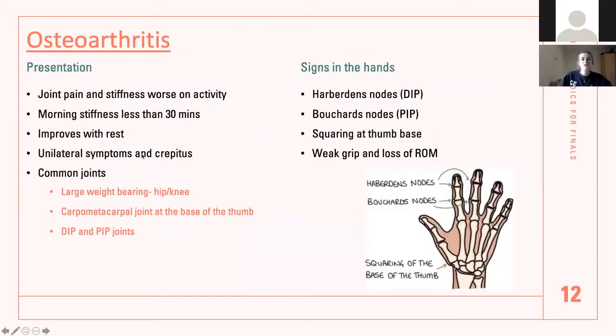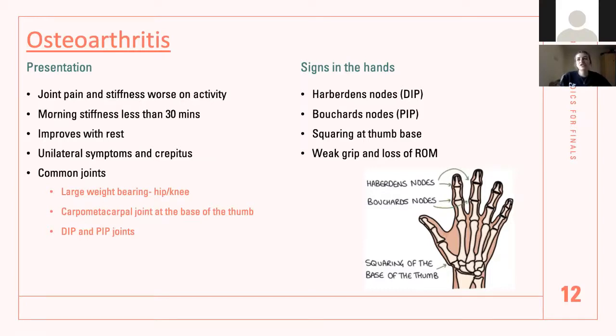So how do patients present with osteoarthritis? So they present with joint pain and stiffness. This stiffness, the morning stiffness of these joints, will be less than 30 minutes. It will improve with rest. You normally get unilateral symptoms of just one side of the body.